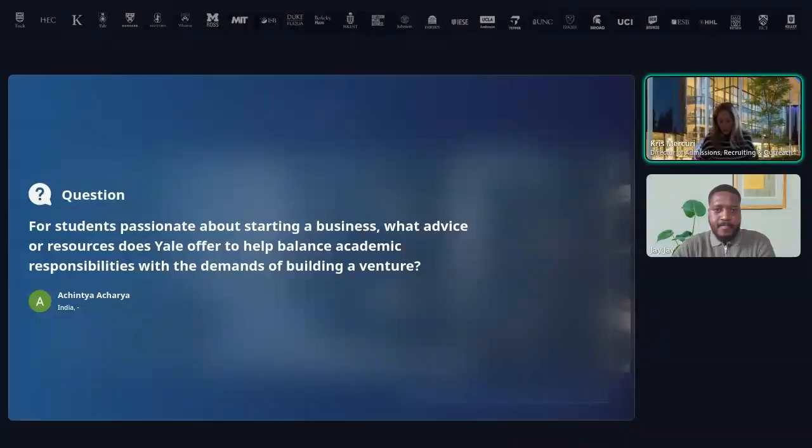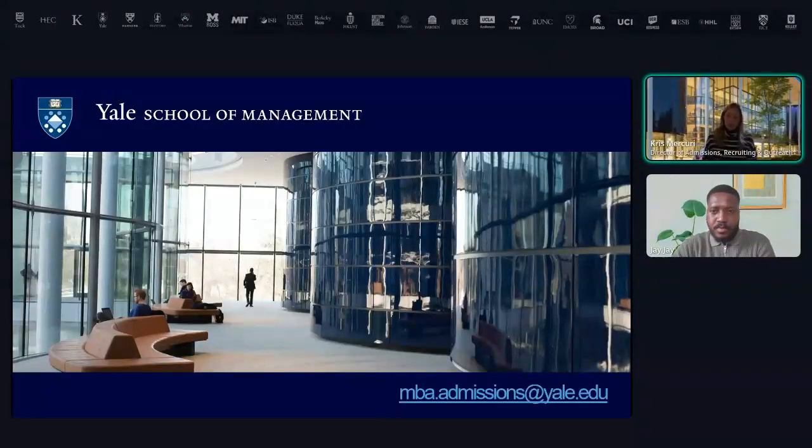This is a great question. And we've seen a lot of demand for entrepreneurial resources in the past 10 years that I've been at Yale. And so there are numerous resources. I think the first notable thing is within our core curriculum, we have a core MBA class focused on innovation and entrepreneurship, right?